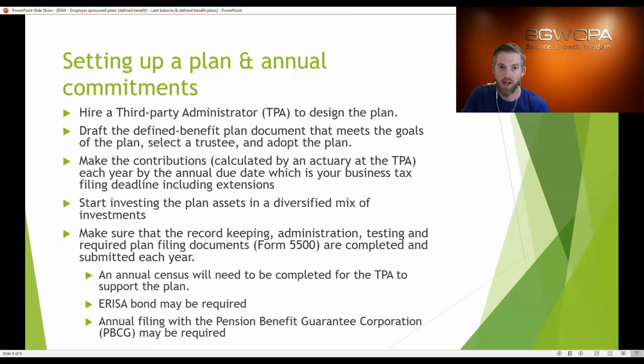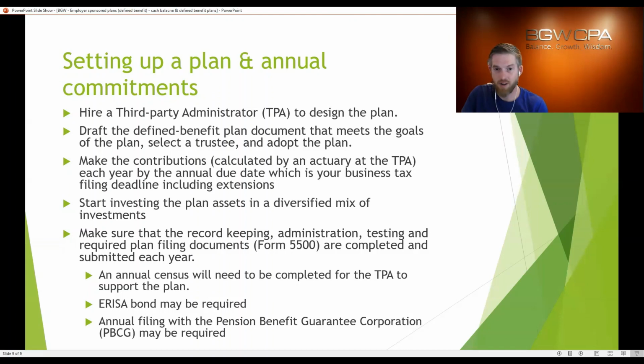You would begin making contributions, which are calculated by an actuary at the TPA each year. Those annual contributions are due with the filing deadline of the business tax return, including extensions, very similar to the SEP IRA. And then start investing the plan's assets in a diversified mix of investments.